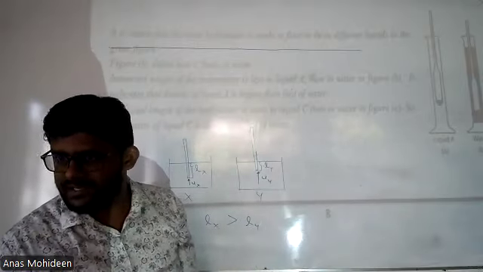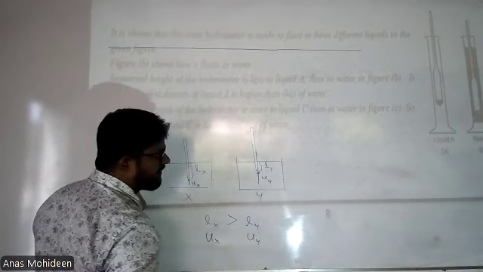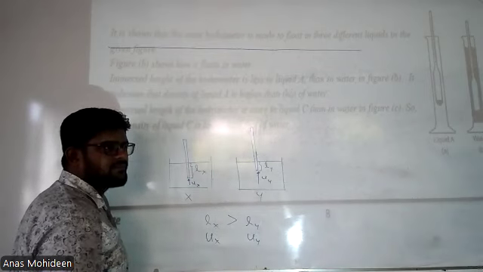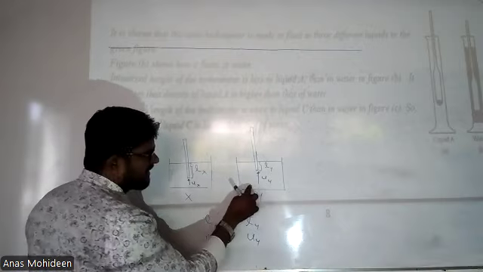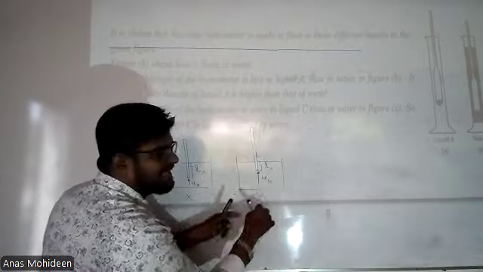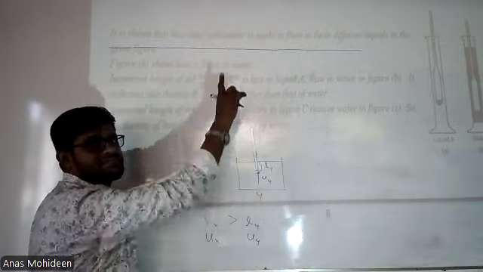It's less. Correct? So, upward force in X and upward force in Y, whose force is more here? Is it X or Y? Y is more, right? So Y is more, so that length is less. You understand that? In Y, upthrust is more.